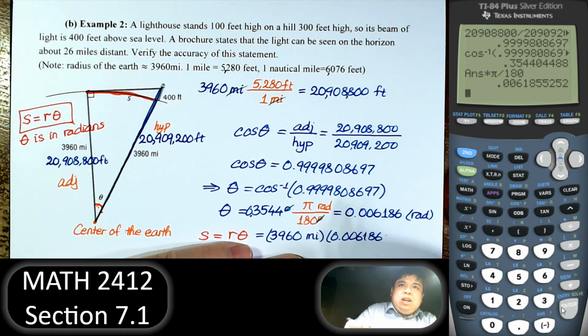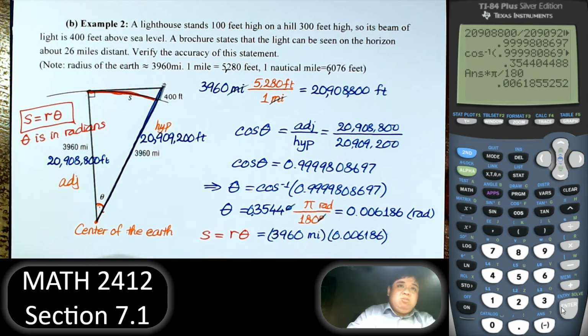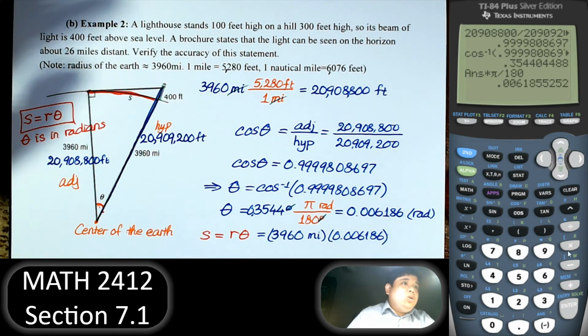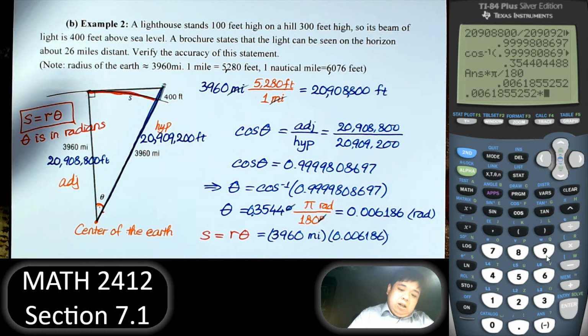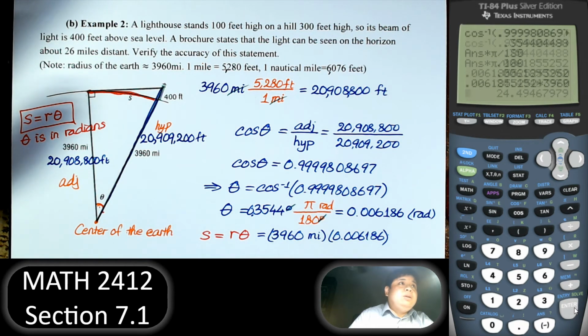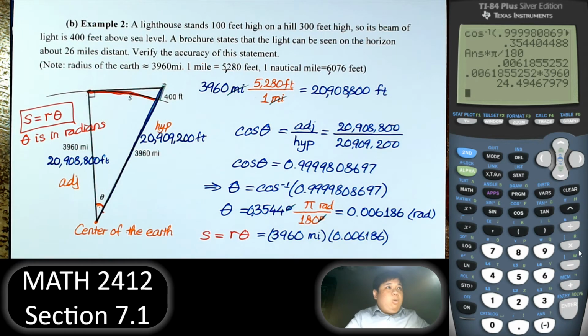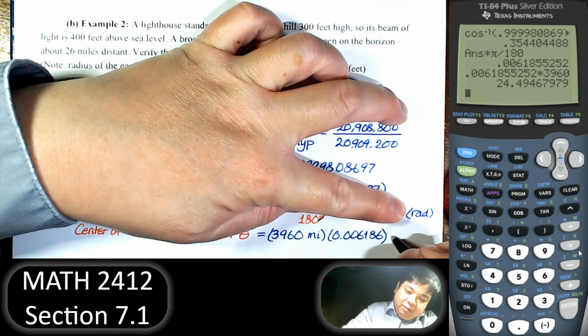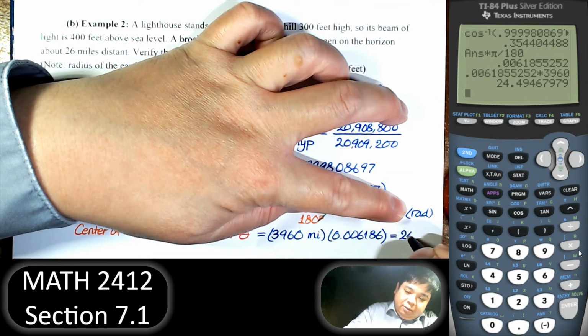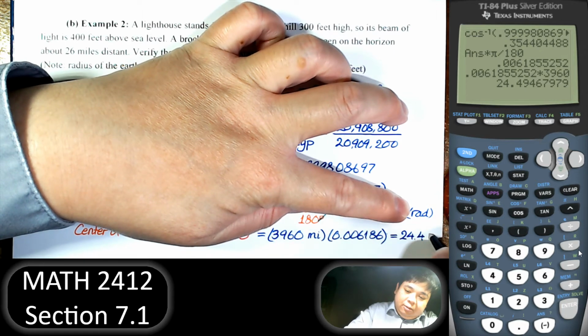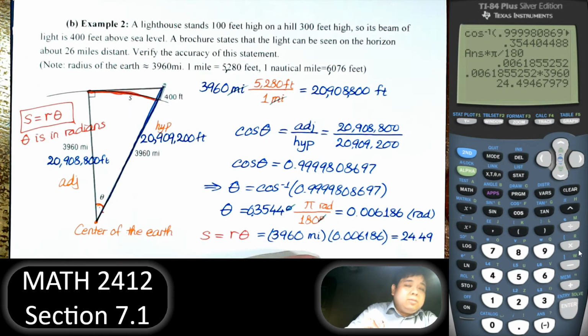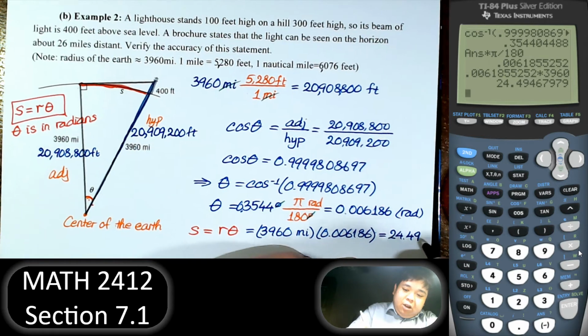Of course, in radians, we can put the unit or not, it doesn't matter. I just don't write that at all. So we just have that number times 3,960, the radius of the Earth, and I have 24.49 miles.